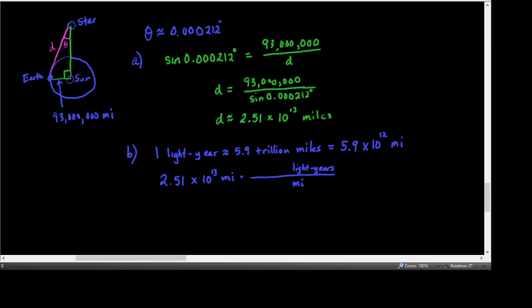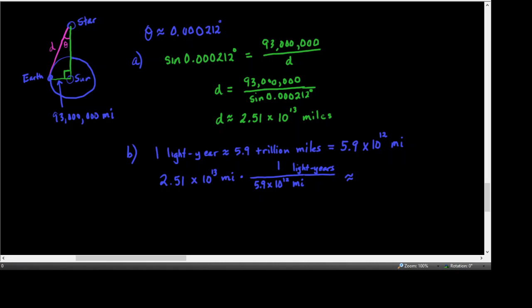So how many light years equal how many miles? Well, from the statement that we read earlier, 1 light year is equal to 5.9 times 10 to the 12th. Type this in your calculator and see what you get.